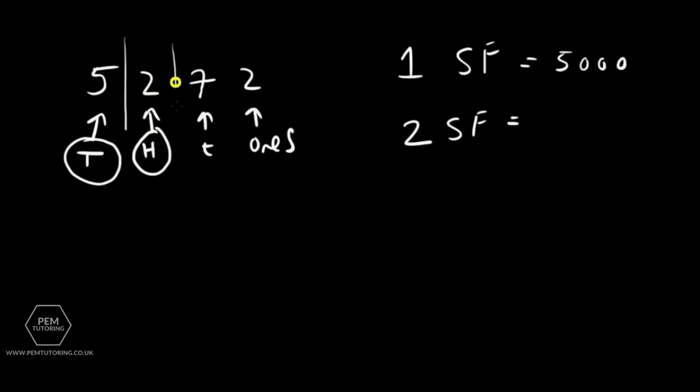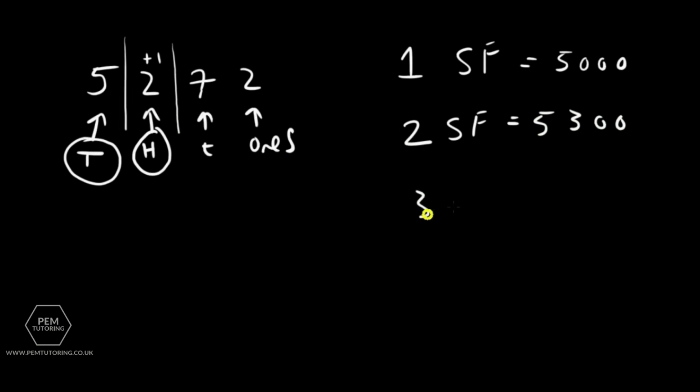If we draw our partition, the number after the partition is 7, which is more than 5. That means we have to increase that 2 by 1. So we add 1 to the 2, and we end up with 5,300. So this number to two significant figures is 5,300.